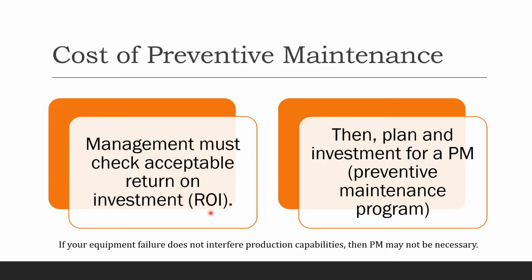So you check your ROI, return on investment. The first thing that we check is to calculate the cost of planning and investing in a maintenance program. You don't want to spend so much money on it. Usually it is calculated to be less than the repair and breakdown cost.